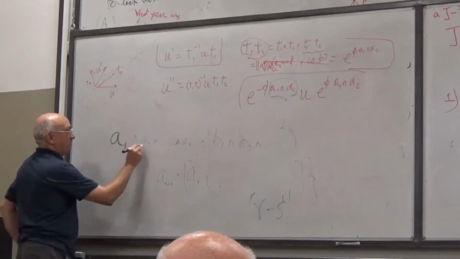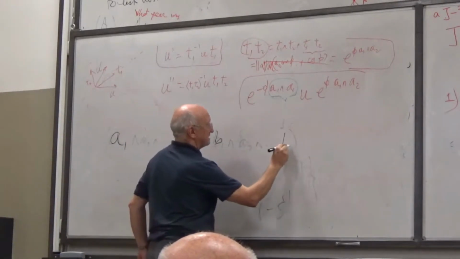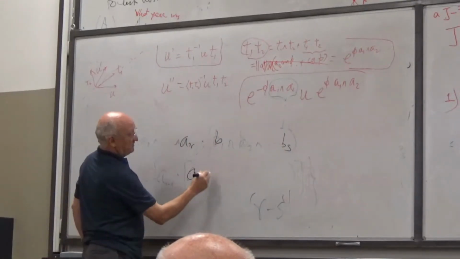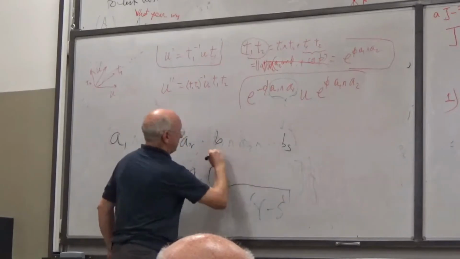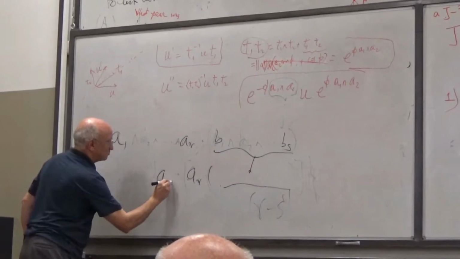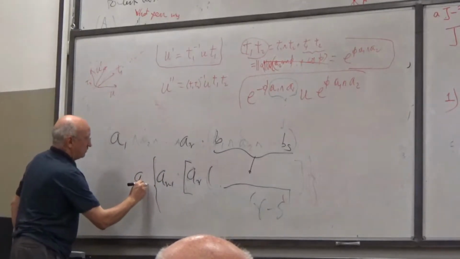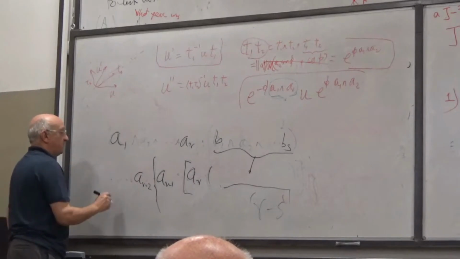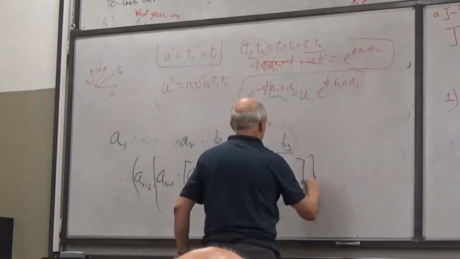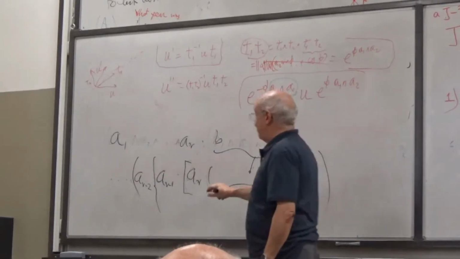Okay, A1 on the way to AR, B1 on the way to BS, and here AR, this parenthesis is this, and here AR minus 1, here AR minus 2, etc., and assuming that R is smaller than S, you get that.